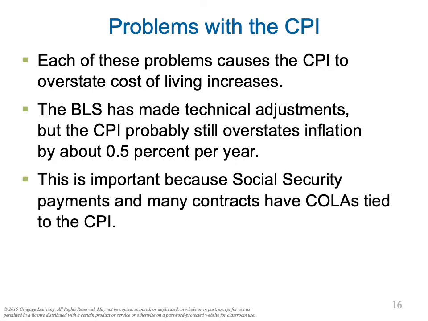Why is this important? Well, it's important because of those contracts and Social Security payments that have COLA, cost of living adjustments, tied to CPI. So basically, this is good for people that receive Social Security, and it's good for people that are on the receiving end of these contracts that have COLA clauses.